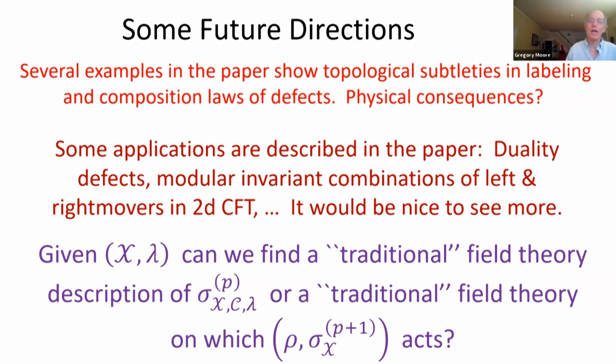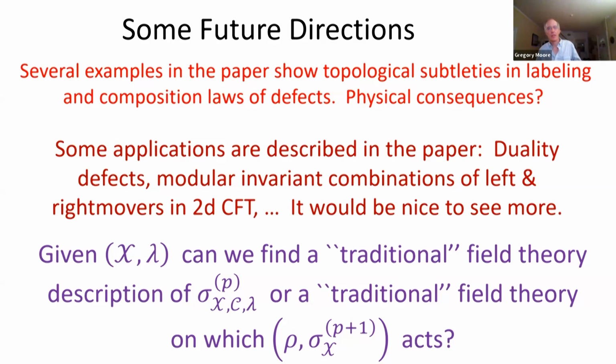Or could we describe, if I prescribe for you a finite homotopy theory and a topological boundary theory rho, could I invent a more traditional field theory with the usual notion of scalar fields and gauge fields and maybe p-form fields and so on on which this quiche acts?